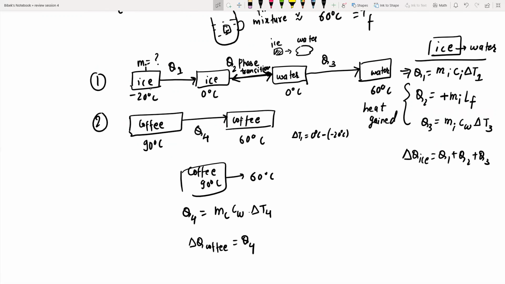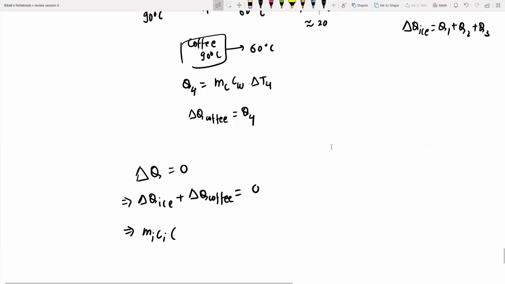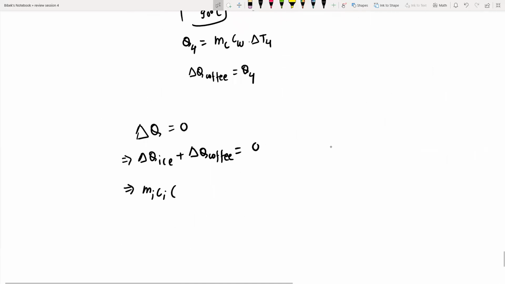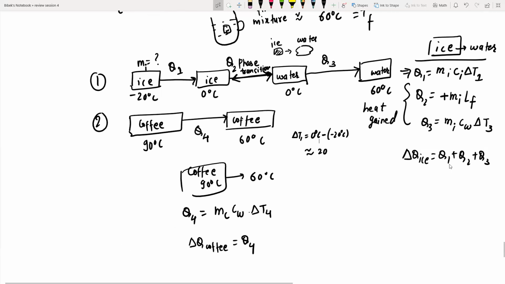To be safe, I recommend you to do everything in Kelvin. It's fine if I use centigrade, because you get the same thing. You'll get a factor of 20 whether you use Kelvin or centigrade. So that is Q1.